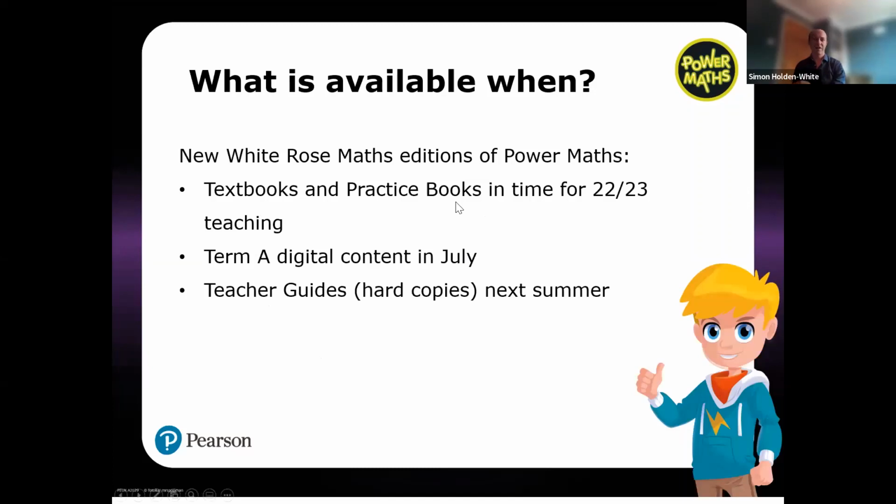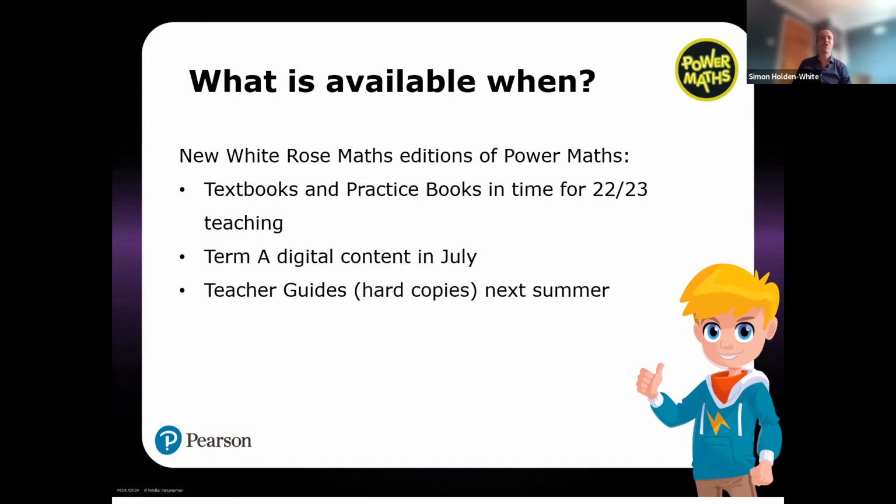I'll try and answer some of these things that have come up, but I'll talk about this first. Deciding what's best for your school: using the new editions from next term, or maybe sticking with the current books for the time being. Just a reminder that for the new editions, calling them the White Rose Maths editions of Power Maths, you can get the textbooks and practice books in time, not much in advance of each term, but in time for each term in the next academic year.